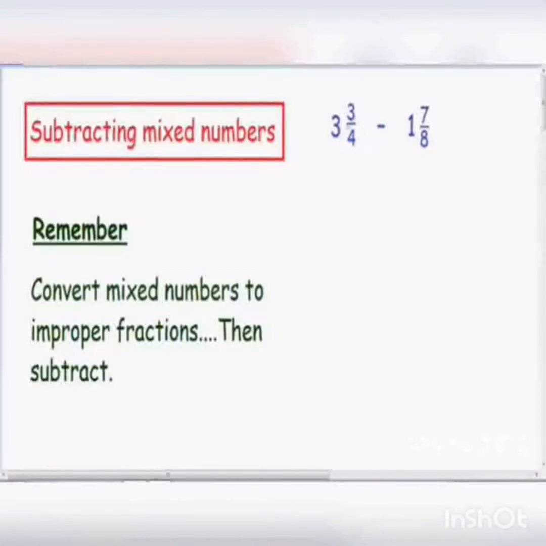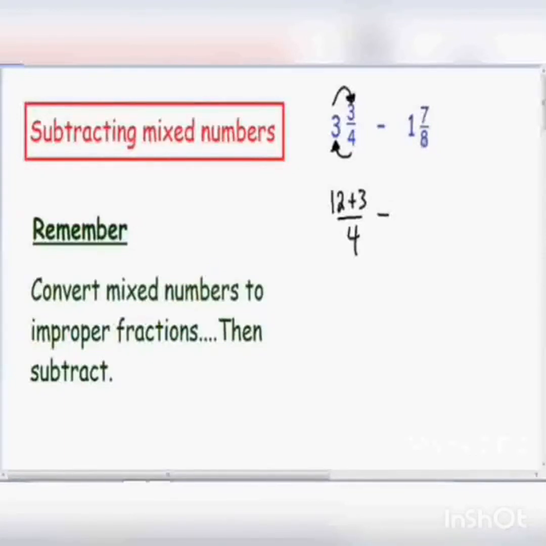Now, when you look at the denominator, you discover that the first is 4, and what we normally do when changing is to multiply the denominator by the whole number and add the numerator. So when you multiply 4 by 3, you get 12, and you add your 3.